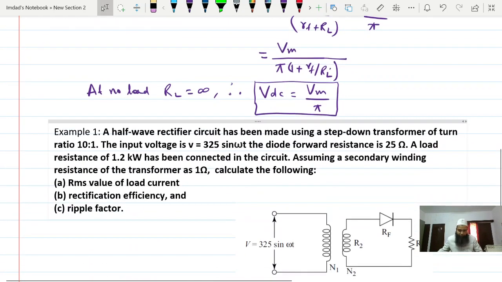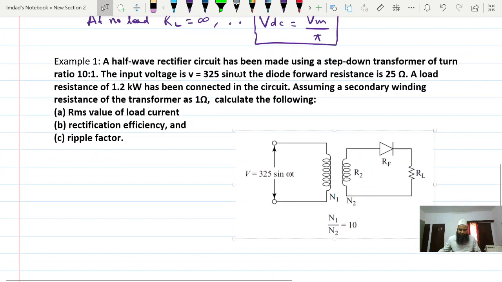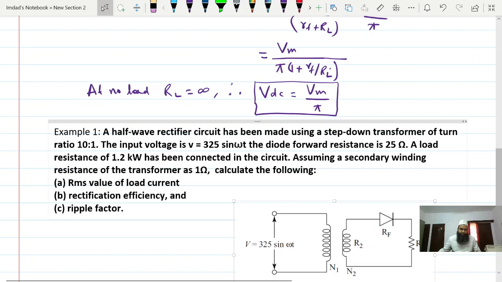Now we can solve one problem on half-wave rectifier. This is the problem. A half-wave rectifier circuit has been made using a step-down transformer of turn ratio 10:1. The input voltage V equal to 325 sin omega t. The diode forward resistance is 25 ohm.